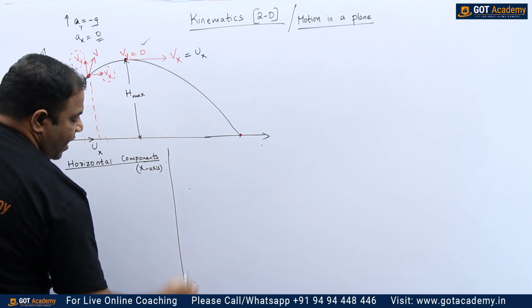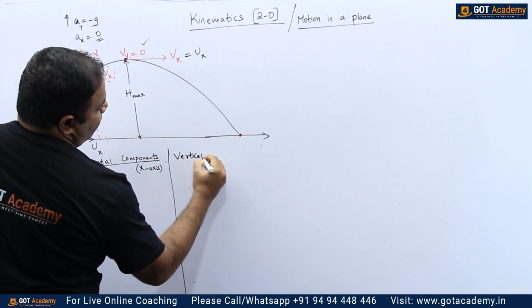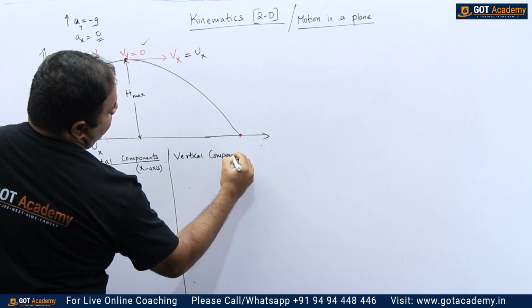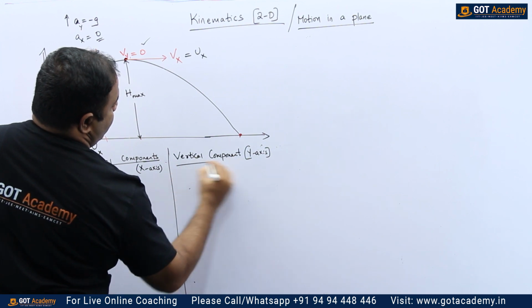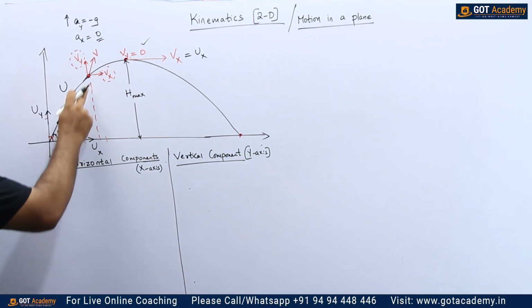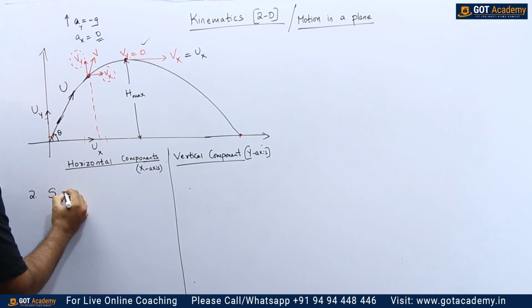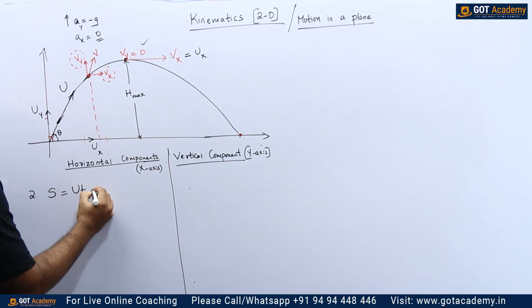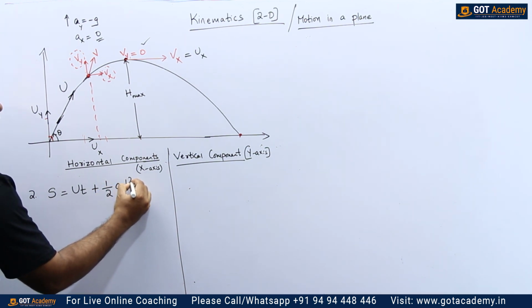Now coming to the second point. I want to find out the position of the body based upon the given time. Position in the sense is nothing but distance. The equation for this is s is equal to ut plus half a into t square.